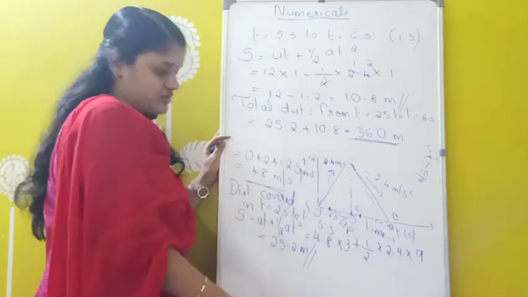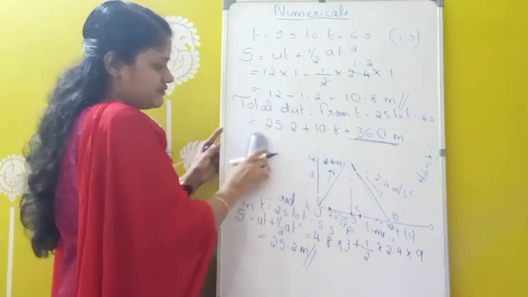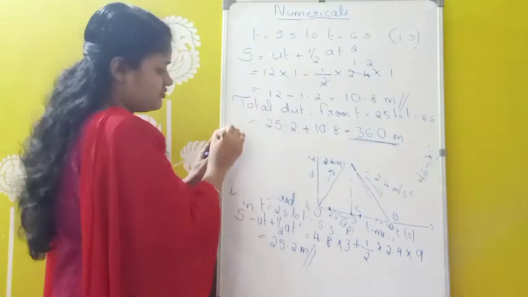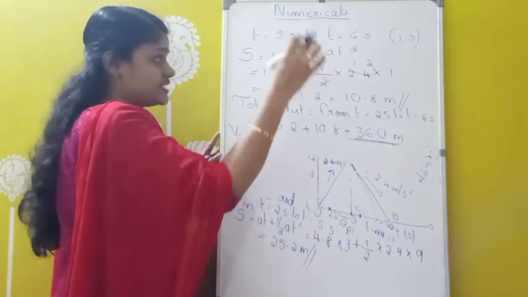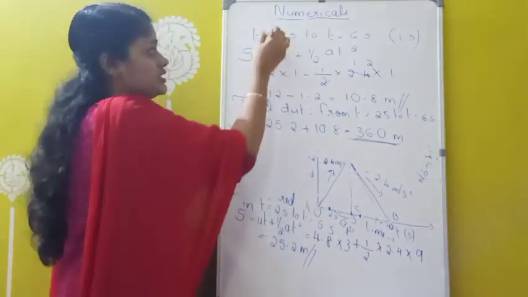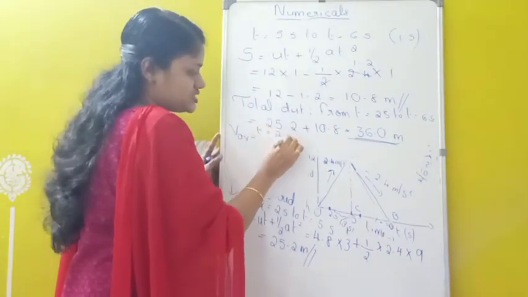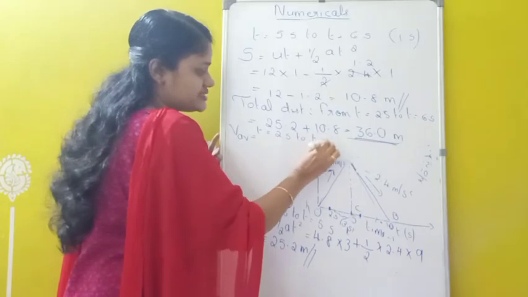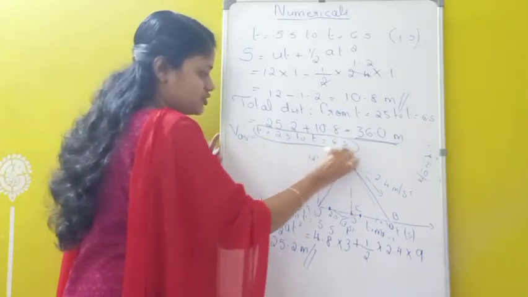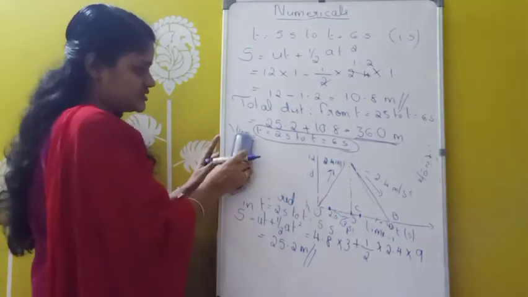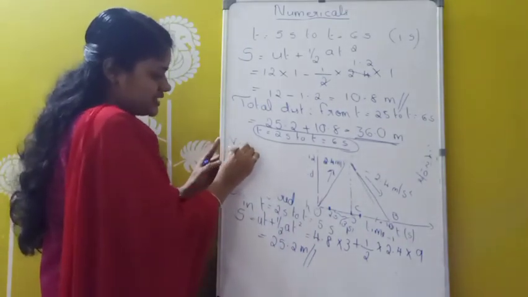Now what else do we have to find out? Average speed. Average speed equals total distance by total time, for the time interval t equals 2 seconds to t equals 6 seconds. So the average velocity formula is total distance by total time.